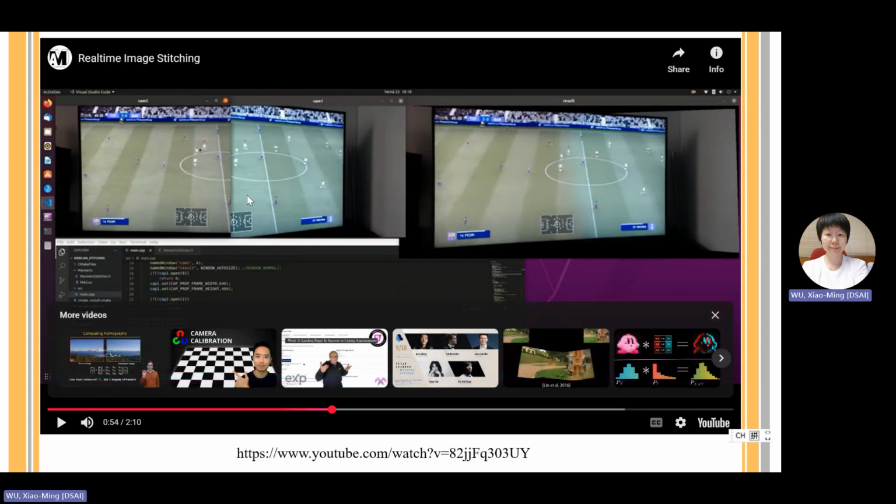You can see the signals are from two individual sources, and these two video sources are combined together in real time.